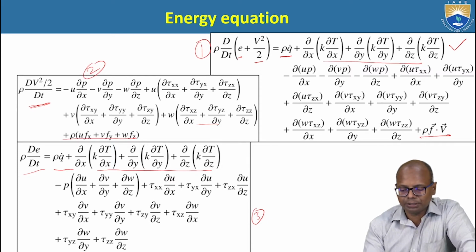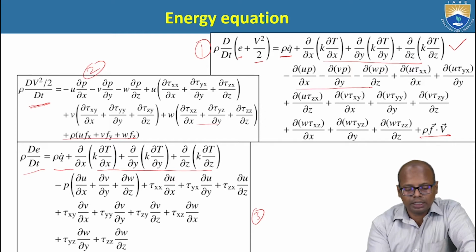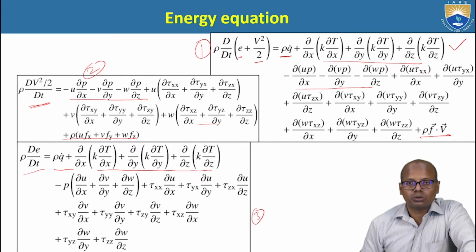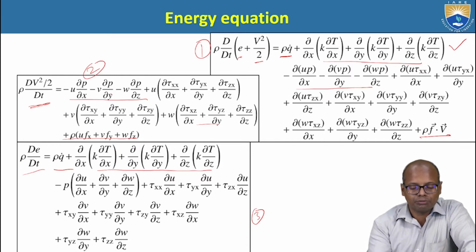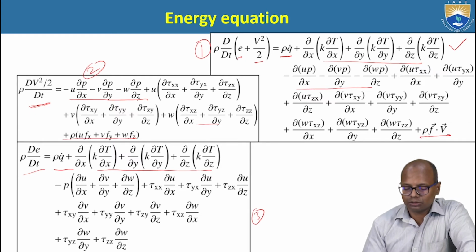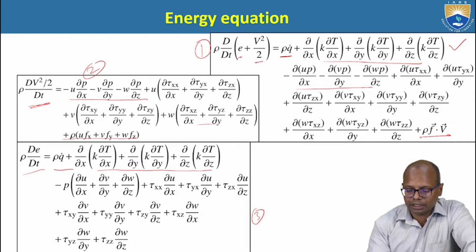Now here if you see, we have dou by dou x of u into p, dou by dou y of v into p, dou by dou z of w into p. Three terms are there. And here we have u into dou p by dou x, v into dou p by dou y, w into dou p by dou z. So we will see what is the result here.